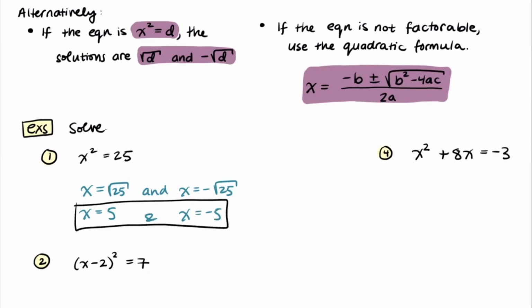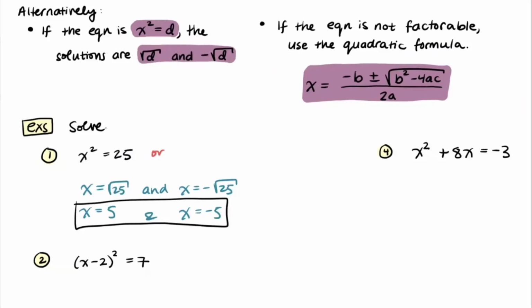Alternatively, you could use what we were doing before. And for something simple like this, I like showing why this is true. You could get 0 on one side by subtracting 25. And then here we have a difference of 2 squares, and so this factors into x plus 5 times x minus 5.